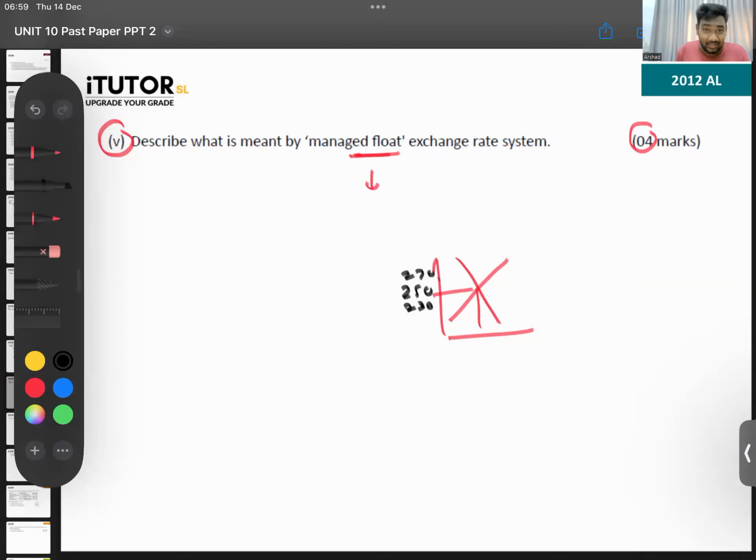Even in Sri Lanka, we've had a managed float. In the short term, on a temporary basis, the central bank intervenes, but in the long term, our currency keeps on depreciating. It hasn't stayed between a range, let's say 100 and 120. Little by little it has been depreciating. In the short term, to prevent fluctuations, the exchange rate won't go from 320 today to 340 tomorrow. They will manage that, but little by little they will allow it to depreciate. That's what happens in a managed floating exchange rate.